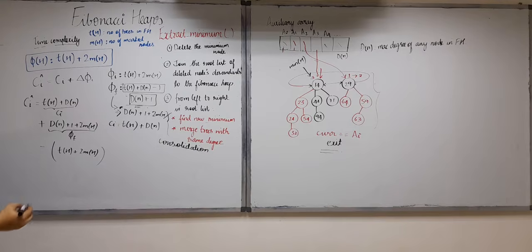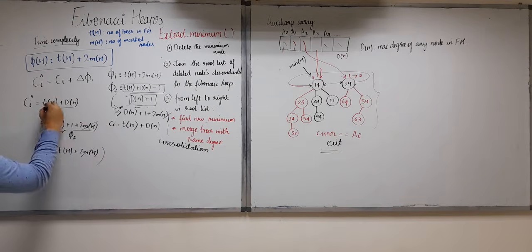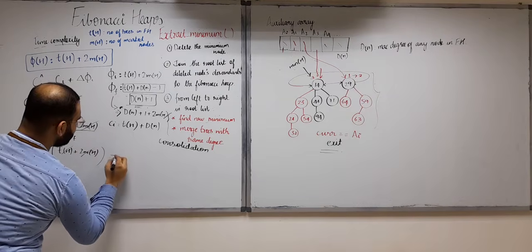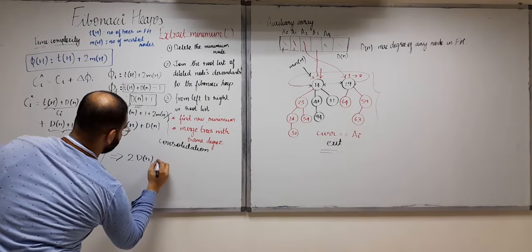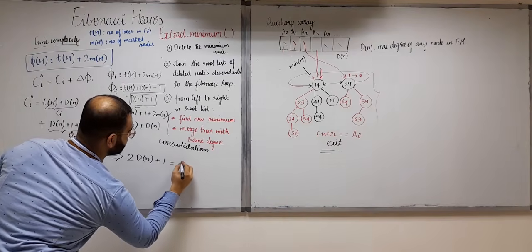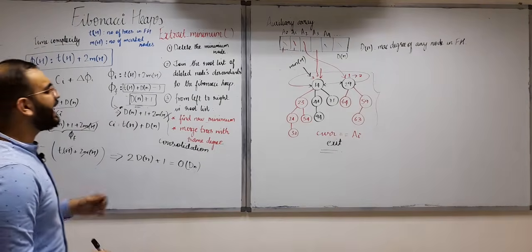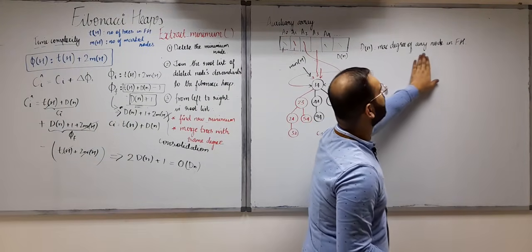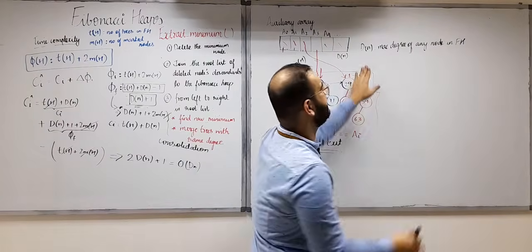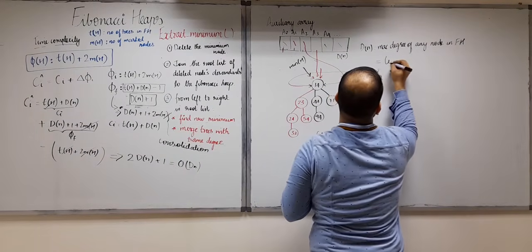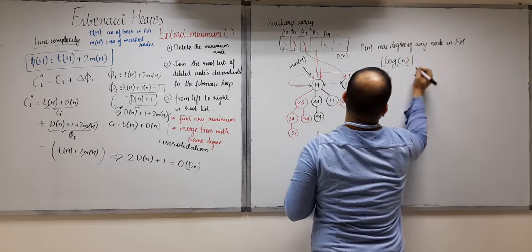So now here this 2 times m(H) will get cut, and this t(H) will also get cut, and what will remain is 2 times D(n) plus 1, or you can also call it order of D(n), right? And the maximum degree of any node in a Fibonacci heap, or what we call D(n), is equal to floor of log to the base phi of n, right?